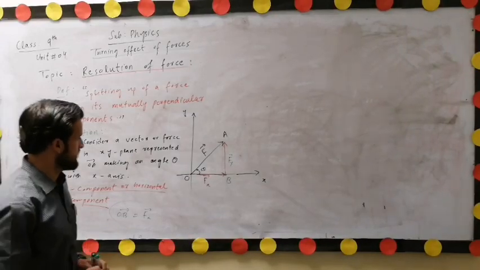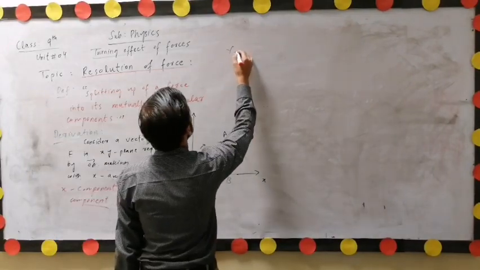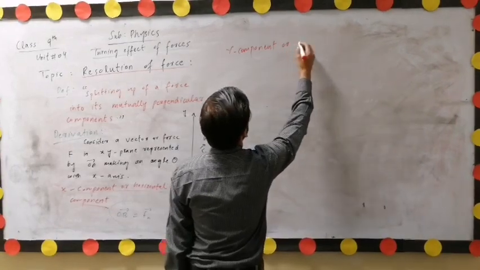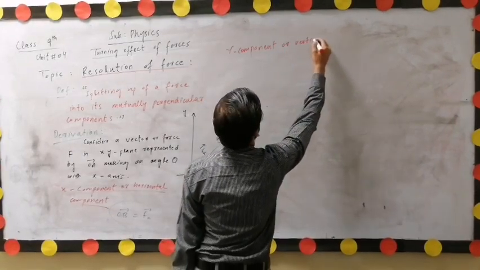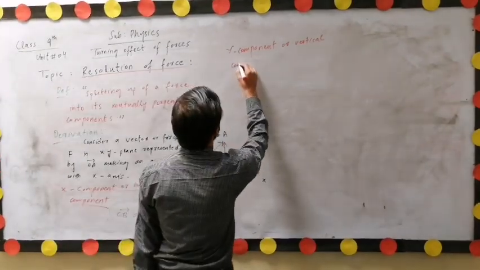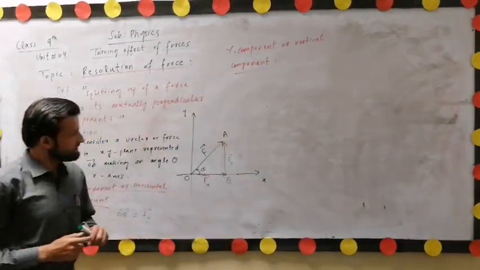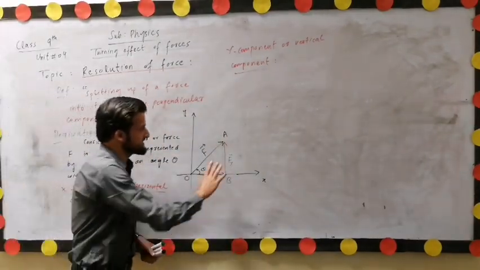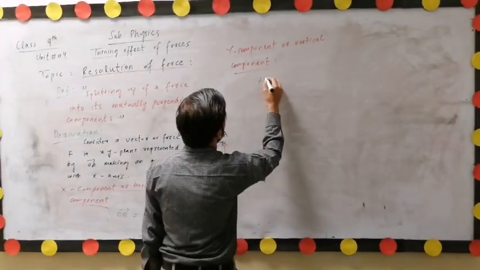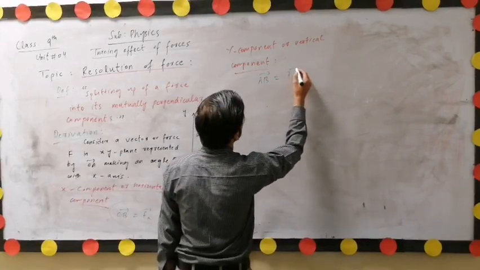Now we show the y component of this force, that is parallel to the y-axis. The y component or vertical component is perpendicular to the earth's surface. It is represented by the vector AB, parallel to the y-axis, and it is Fy.